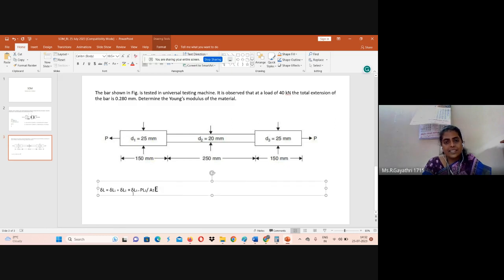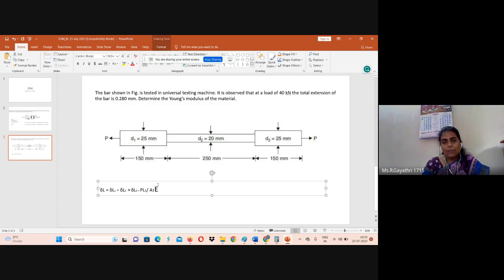Okay, very simple. Extension or elongation formula is PL by AE. Here load is common, so we put P instead of P1. Length is varying, L1 is not equal to L2.